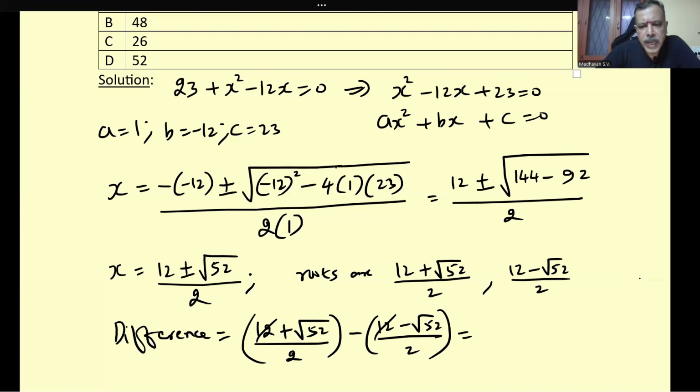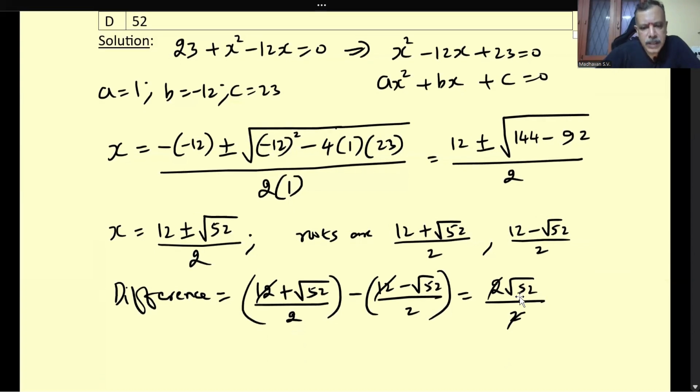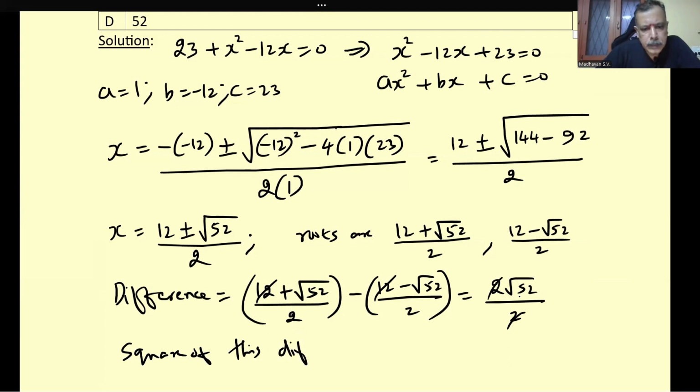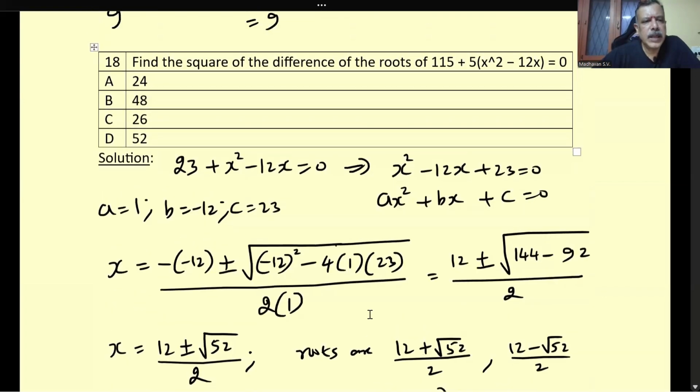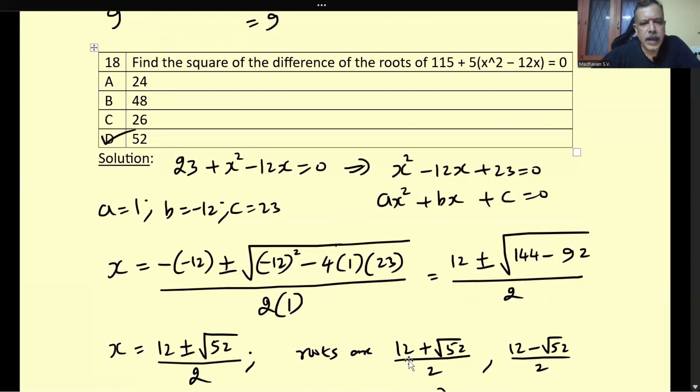Root 52 minus of minus root 52, you get 2 root 52 by 2. So 2 and 2 get cancelled. Now the square of this difference is square root of 52, the square. So that means the root will get cancelled. You get 52 as the solution, which means option D is the right option.